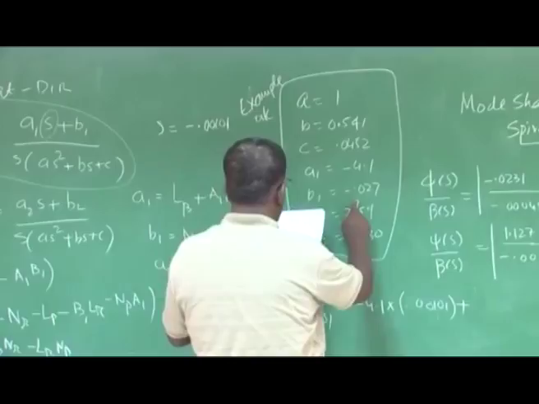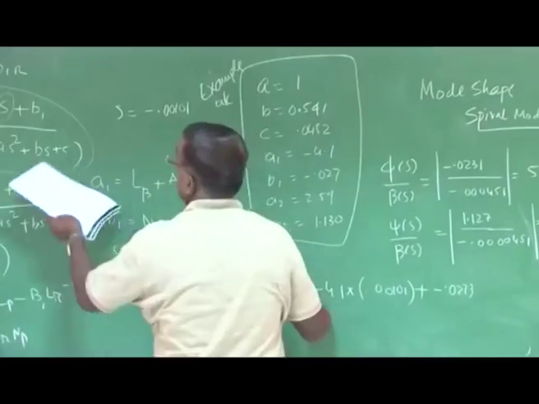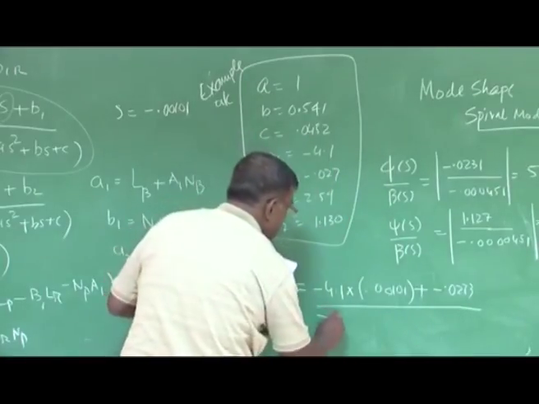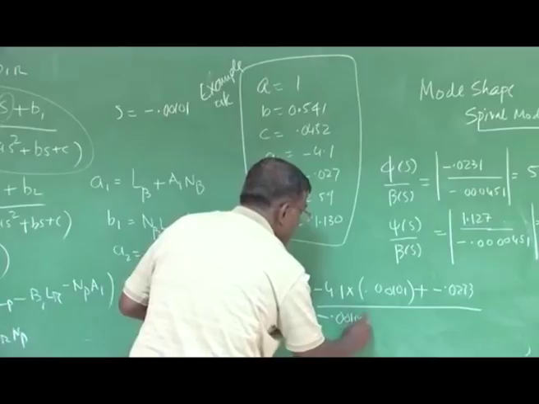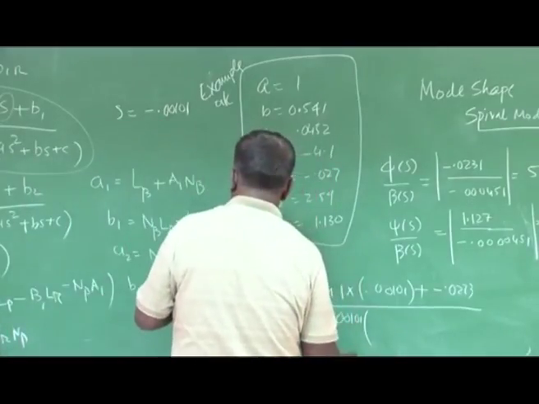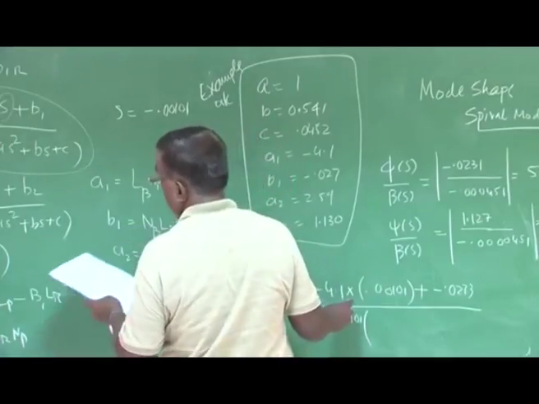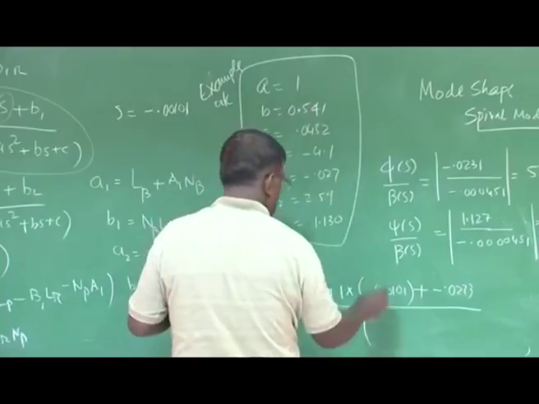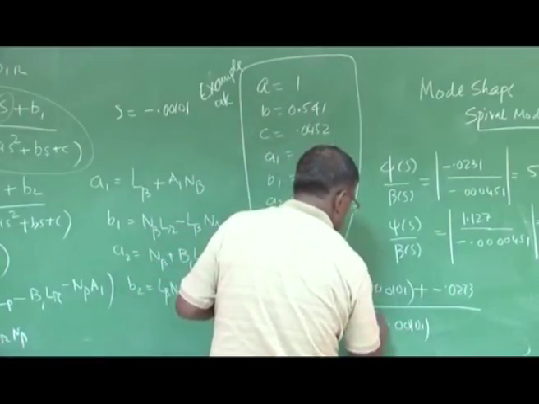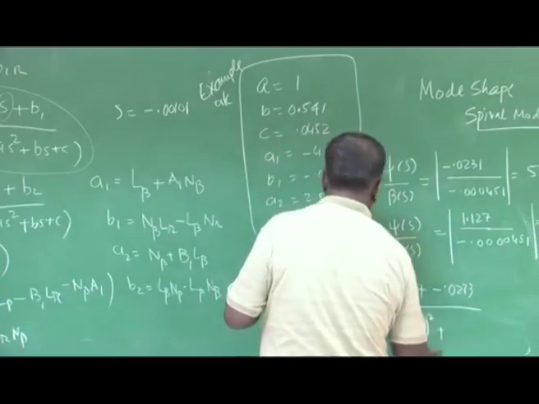B1 is how much? B1 is minus 0.2073, minus 0.0273, divided by, again, s, that is minus 0.00101 s, then again A s square. What is the A value? A is 1. So s square, this is minus 0.00101 square, right? Plus B of s. B value is how much?